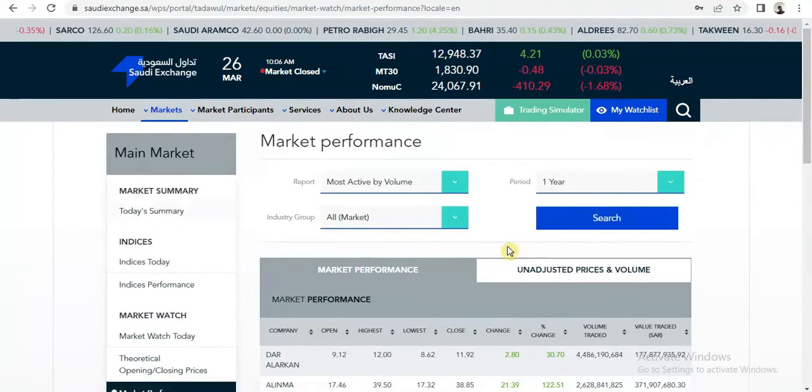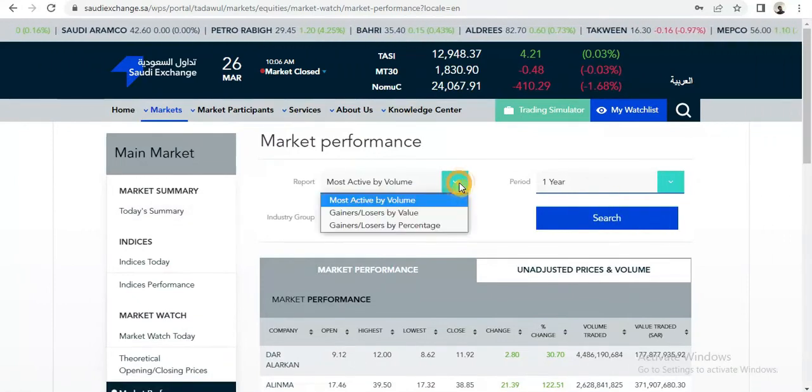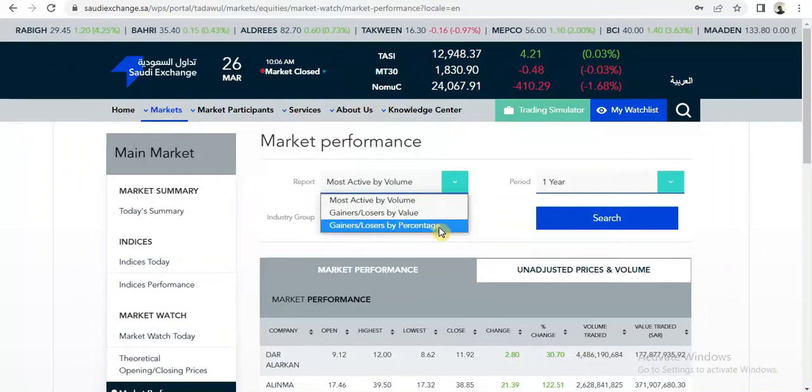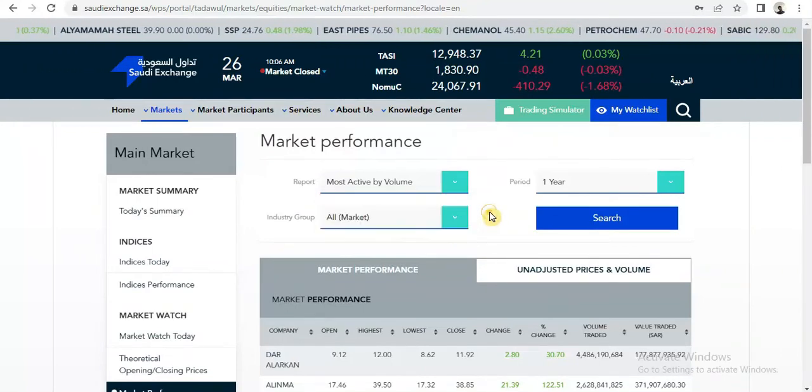This screen will come. Here there are a few options: most active by volume, gainers and losers by value, and gainers and losers by percentage. In my videos I normally present gainers and losers by percentage, because percentage is what people are more interested in, that is, what maximum percentage a share gained during that period of time. So we will check that too.